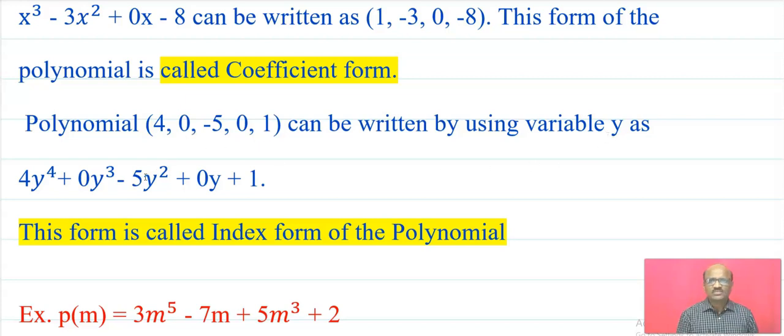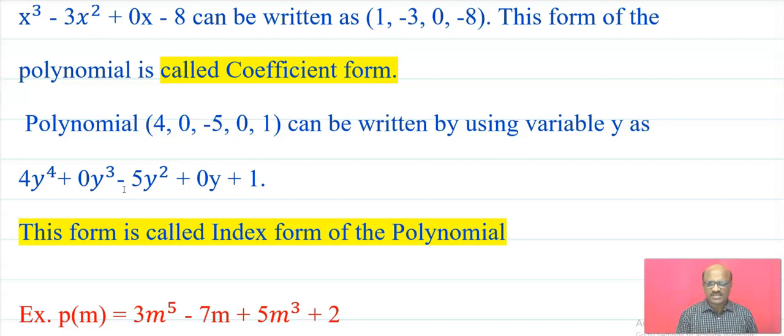Then how to write this polynomial? Take this coefficient 4, so y raised to 4, plus 0. Now what will be its degree, the exponent of y? It will be 3, so 0y cube. What about here? -5. Whatever the coefficient, it has the sign, it has a minus sign.